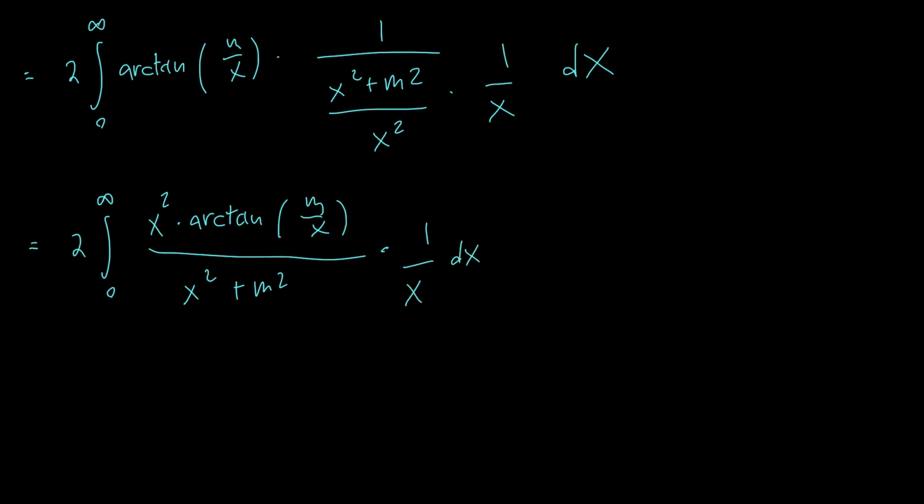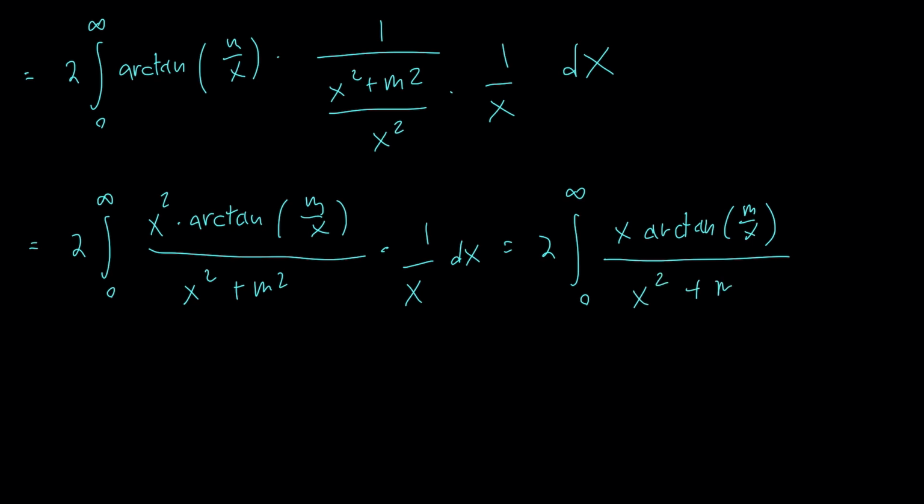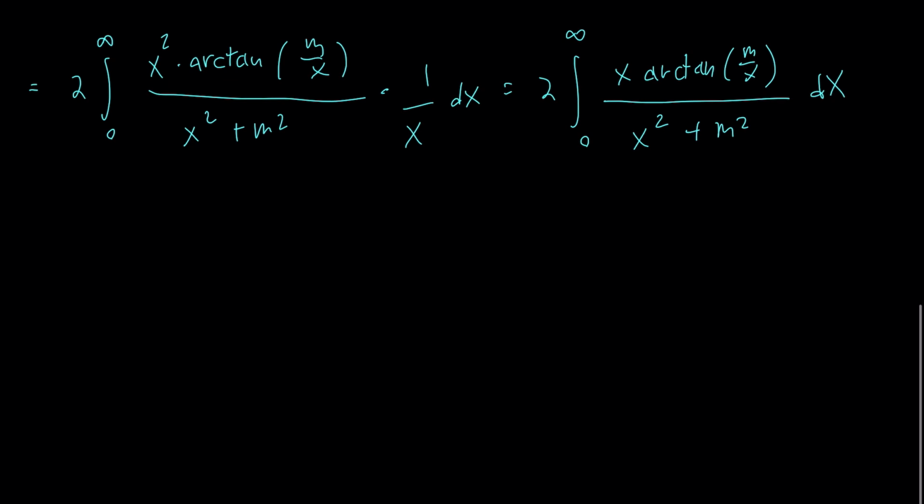But then one of the x's ends up canceling, and we have twice the integral from 0 to infinity of x arctangent of m over x divided by x squared plus m squared dx.